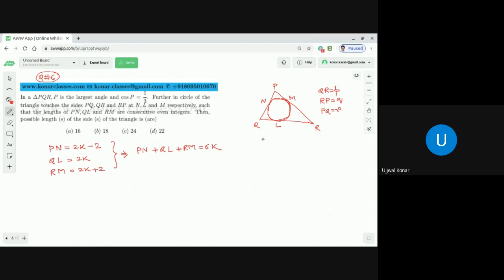then what we are going to get about the other, if you see this thing, opposite to the angle P is side P, QR equal to P, and we need to find the value of P plus Q plus R, right?